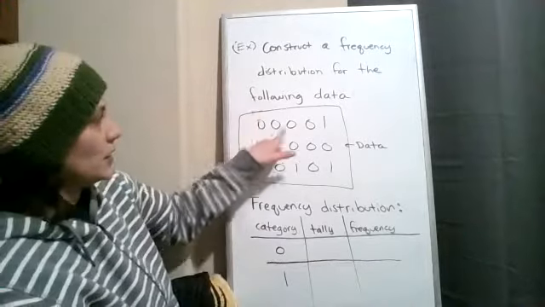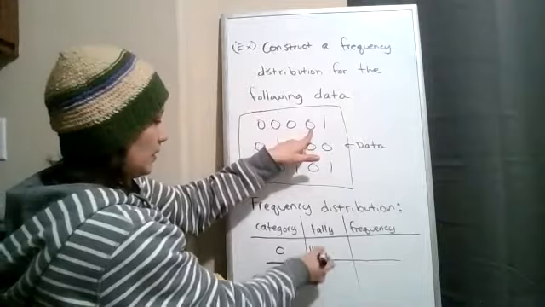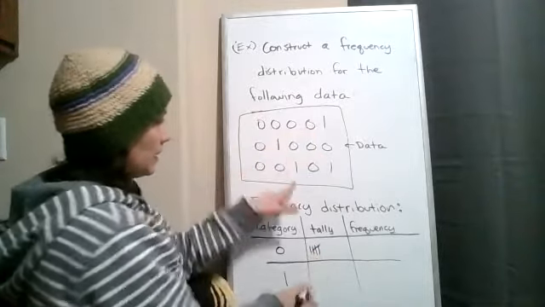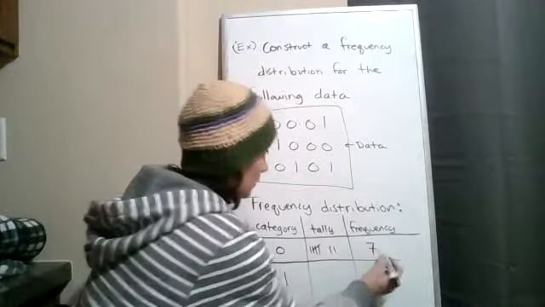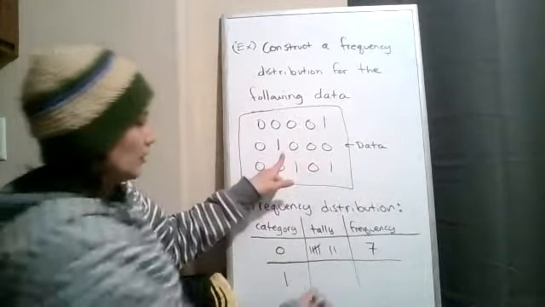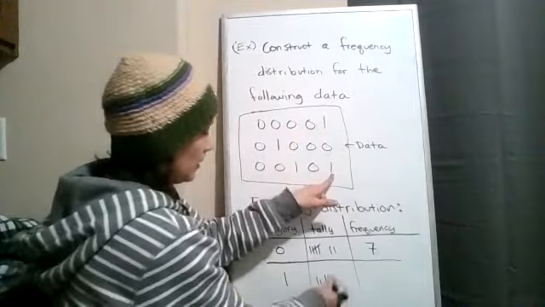The tallies is 1, 2, 3, 4, 5, 6, 7. 7 again. 1, 2, 3, 4.